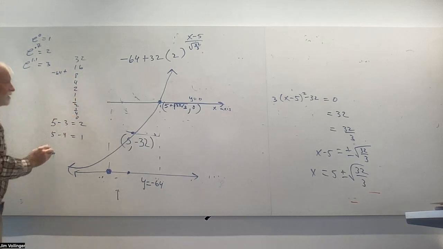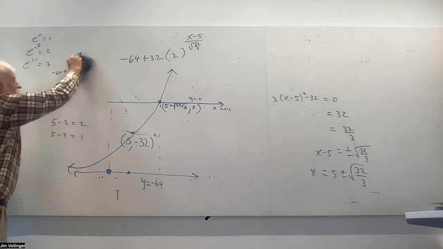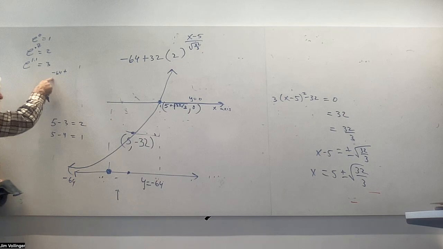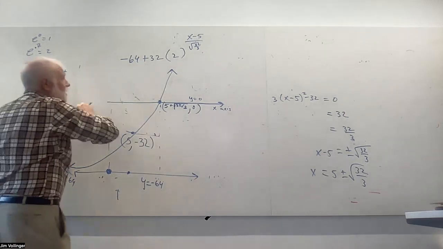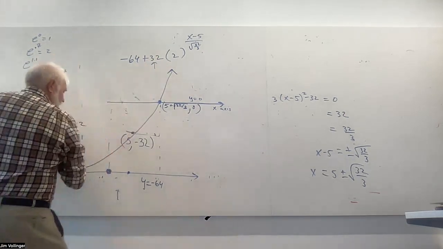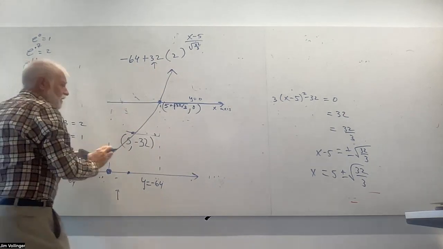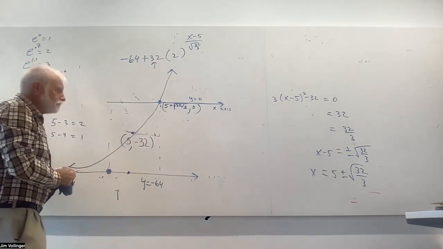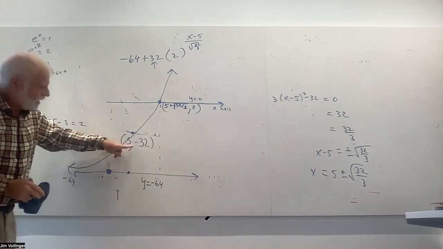Sure looks like I'm heading to 0. And if I'm heading to 0, then I'm heading to negative 64. Because I'm cutting an initial amount in half as I think right to left. As I think left to right, I'm doubling. Okay. I think we can see that.